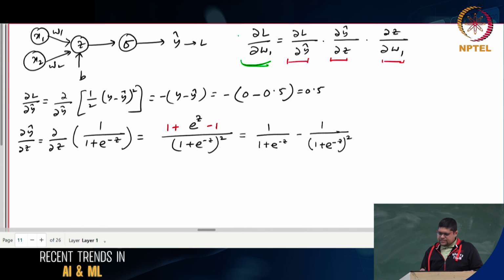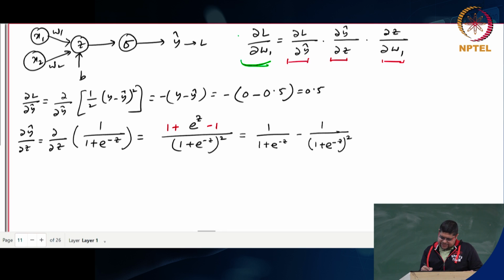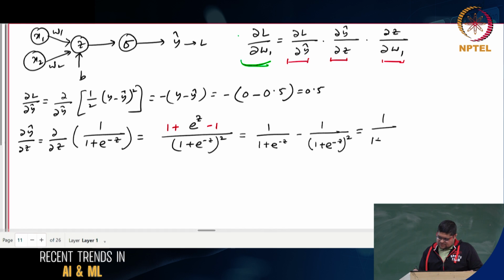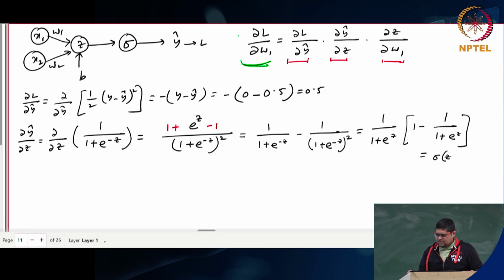So are you getting this form? This is like basic algebra. Clear? So can I write this one, or should I explain this one? Okay. So if I take this one, 1 minus 1 by 1 plus e to the power minus z, this gives me a good form, that is sigma z into 1 minus sigma z.